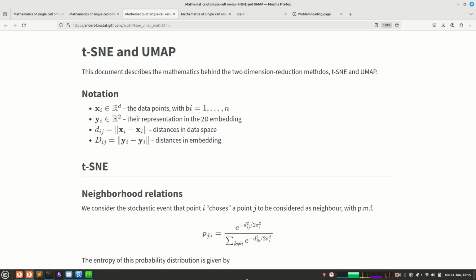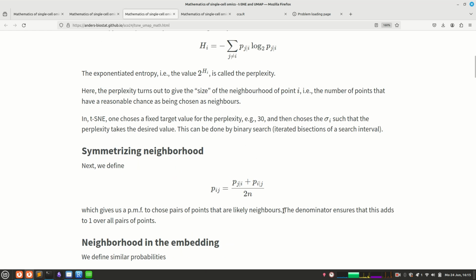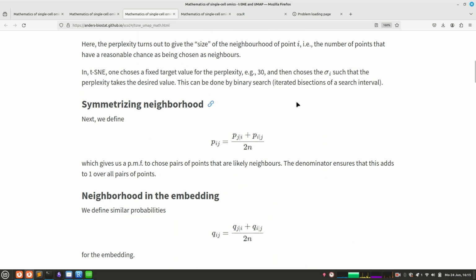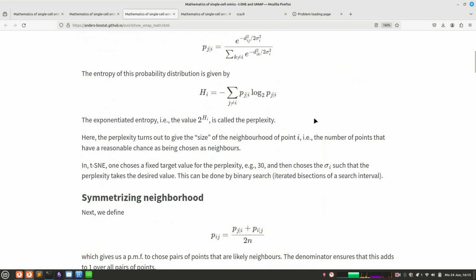And at the point where it becomes clear that the intuition was too hand-waving and that it really isn't a probability, somebody else comes with an algorithm which does something similar, but for example says we don't even have to normalize to make it a probability. So it probably was never one from the beginning. So this was one difference between t-SNE and UMAP.